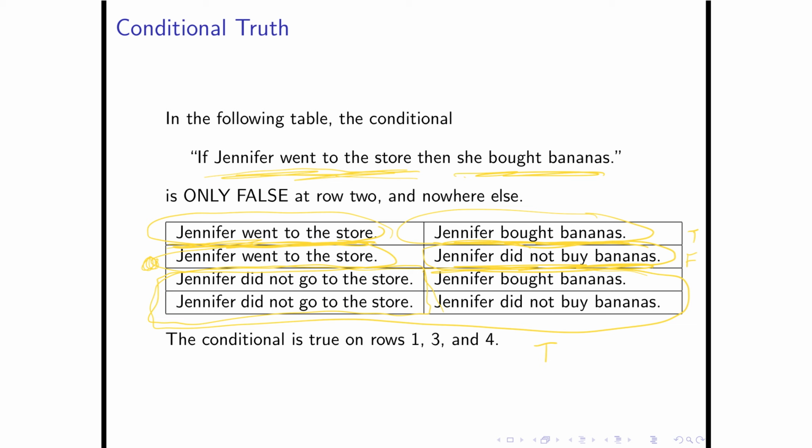Again, think back to the example of the triangle situation, where we knew that the conditional was true when the antecedent was false.